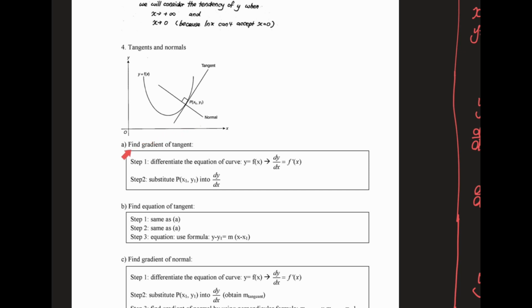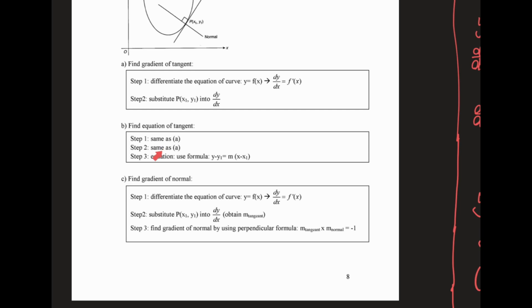Now these are the steps to find the gradient of tangent. Step 1, differentiate the equation of curve. So the equation of curve is y equal to f(x). You differentiate it. Step 2, substitute the point P, x1, y1 into dy/dx. Then the gradient is known as gradient of tangent. Now B, find equation of tangent. First step, differentiate the curve.